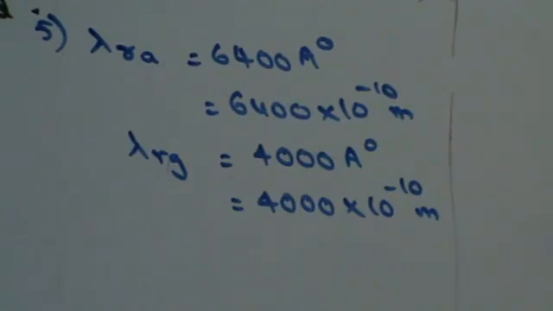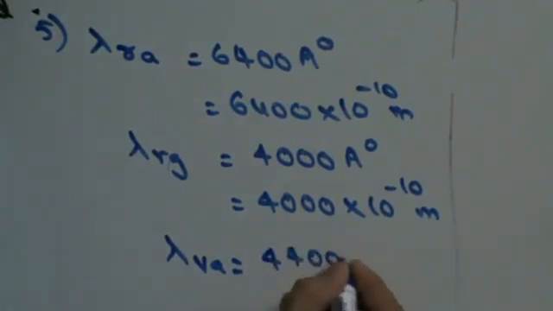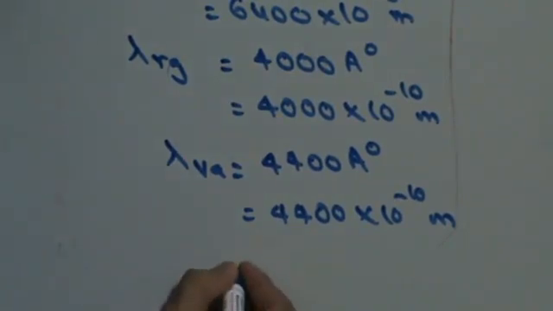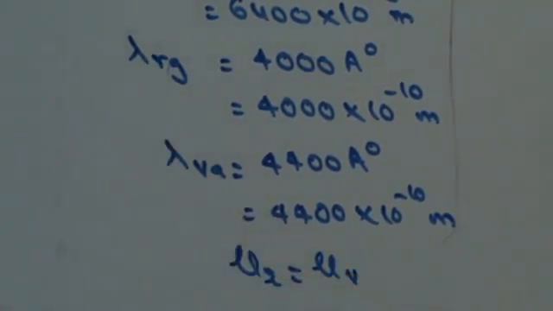If the wavelength of violet light in air is 4,400 Armstrong units, what is its wavelength in glass, if the refractive index of red and violet color is approximately the same?